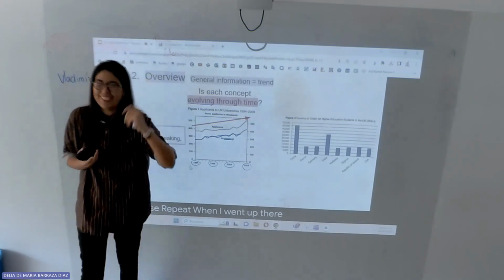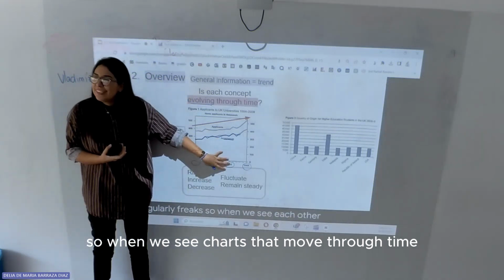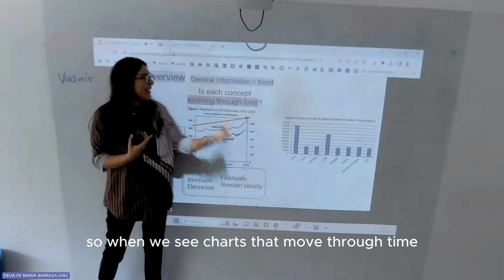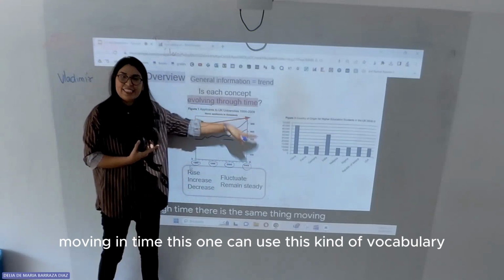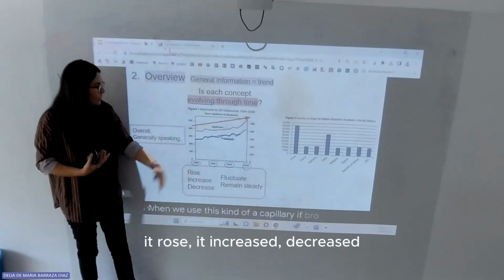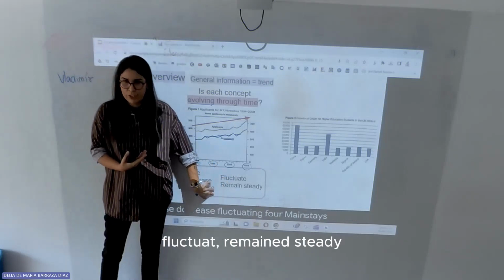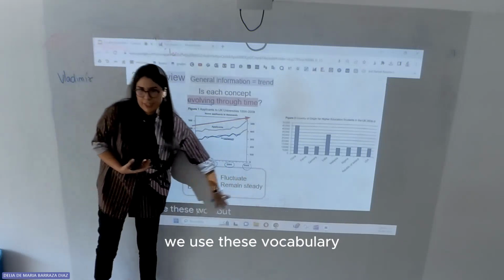Rose, increase. Very good, increase. So when we see charts that move through time, where the same thing is moving in time, we use this kind of vocabulary: it rose, it increased, decreased, fluctuated, remained steady.